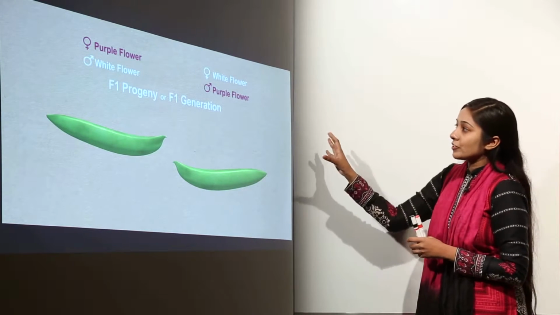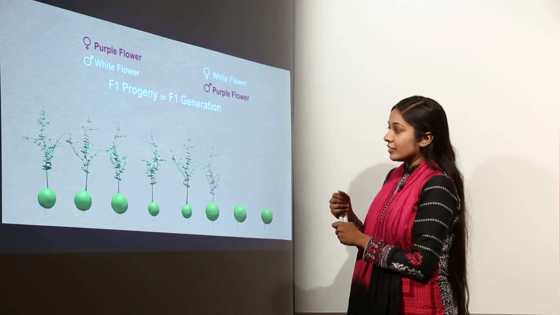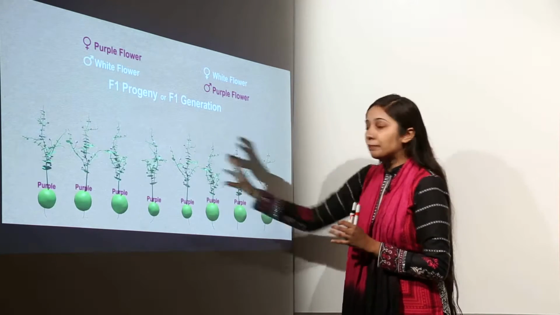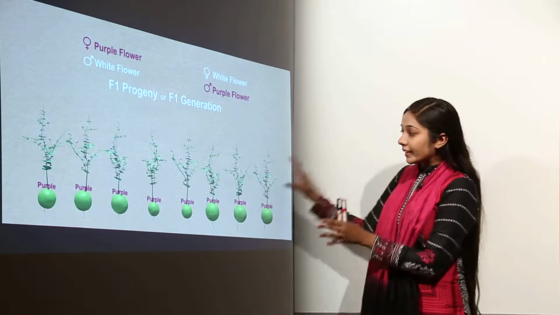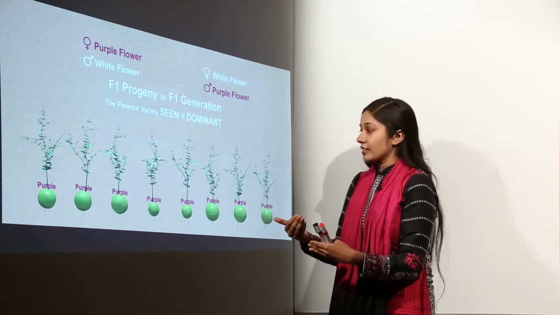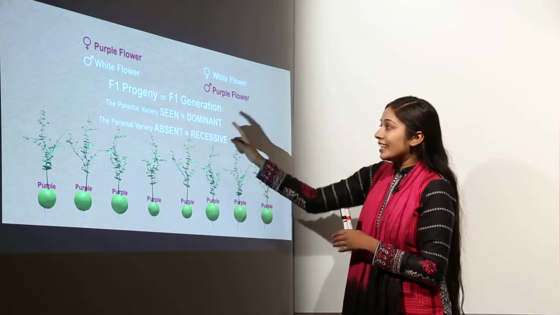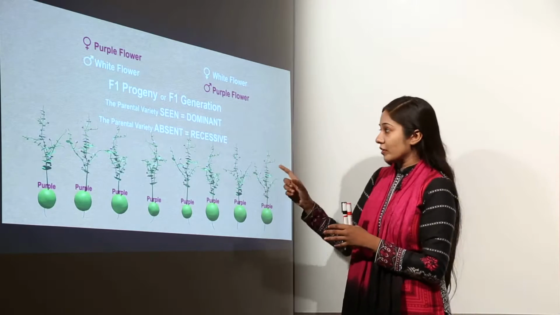The first generation, what would you see in the first generation? You see that the flowers are all purple. So whatever the characteristic trait you see is the dominant characteristic trait. For example, if you see all the flowers purple, the seen characteristic trait is the dominant trait.